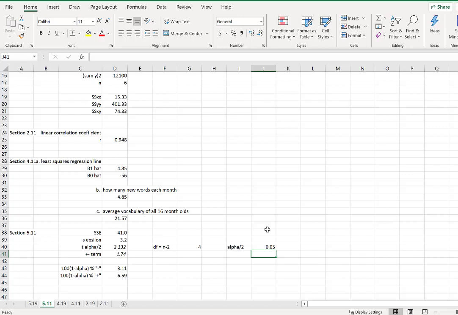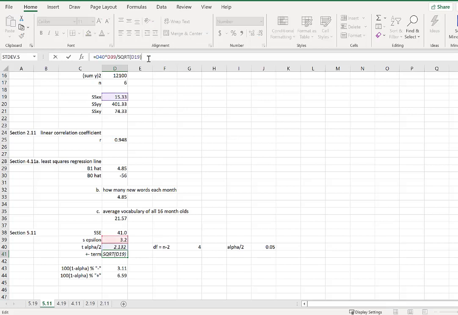So let's look at what I did for that one, to make sure I got it right. It's our t value, here in blue in D40. For the t value, I've got it in italics saying 2.132. I put it in italics because I looked that up in the table, a reminder that it was from a table, not a calculation from the data here. I looked up on the table t at alpha 0.05 with degrees of freedom 4 and pulled out the value 2.132.